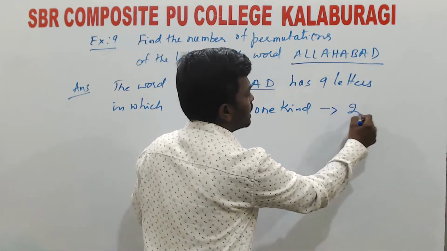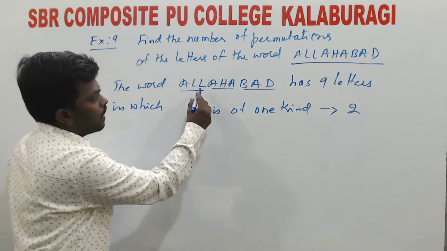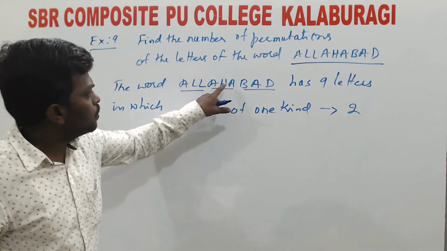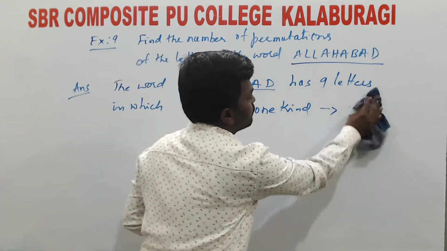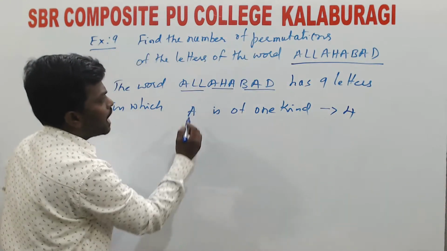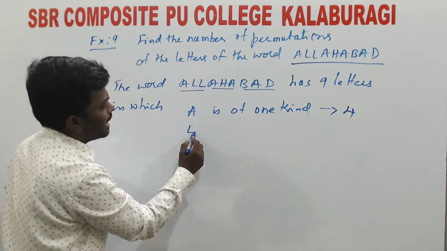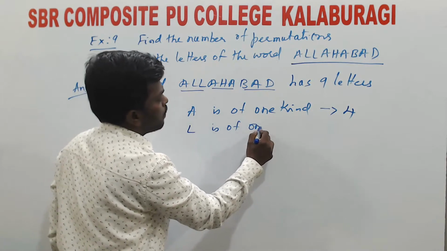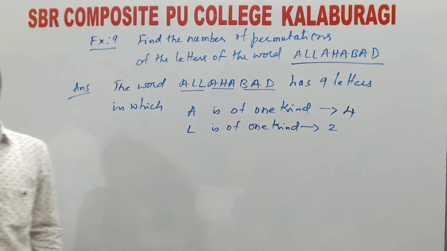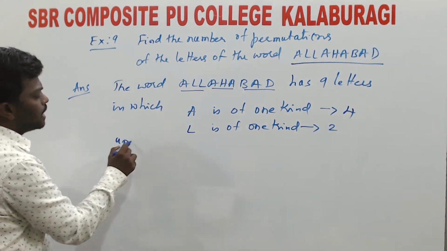So how many times is it appearing? A is appearing four times: A, 1, 2, 3, 4. Now, is there any other letter that is appearing more than once? L. L is of one kind, so it is appearing twice. Okay, so now the rest all are different.